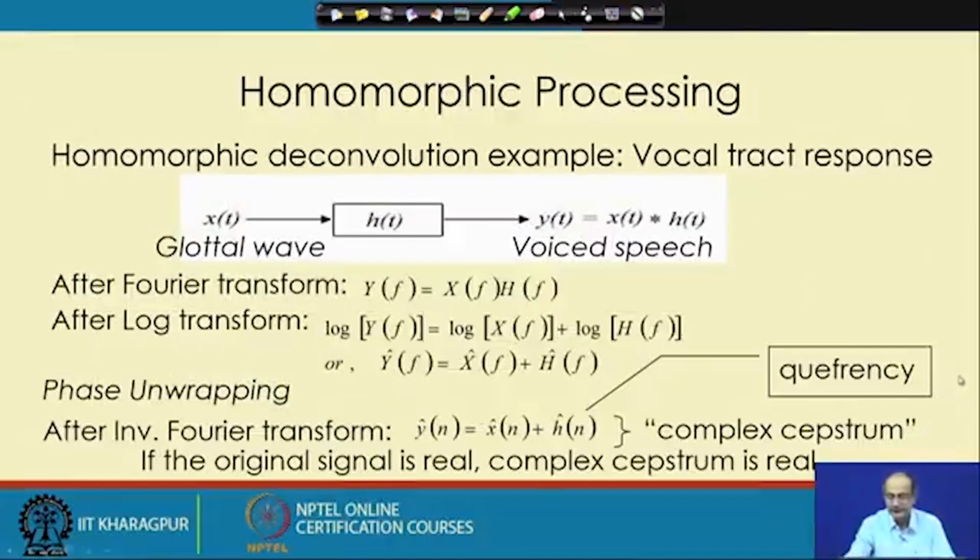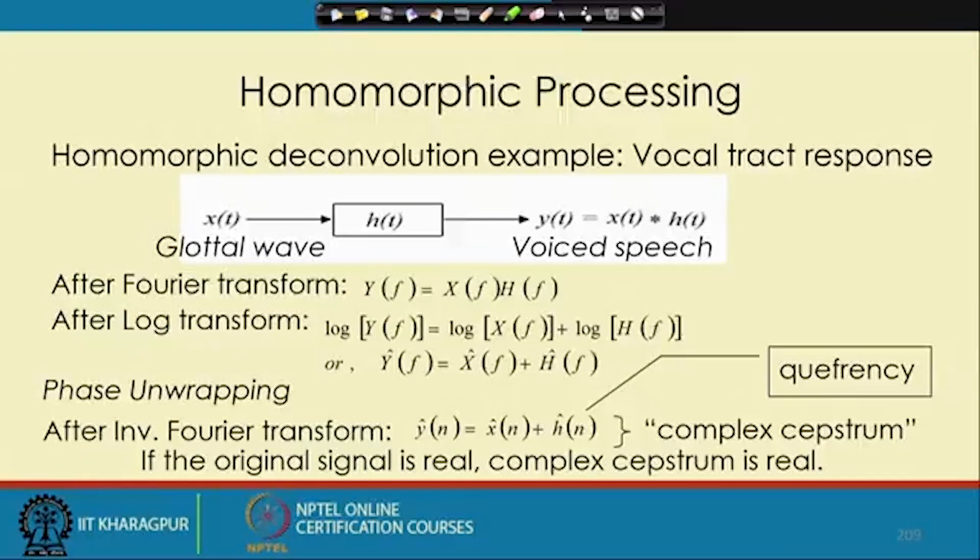Now, let us take an example where such kind of thing is important. Let us take that we have some speech signal. When we utter the vowels, that is called the voiced part of the speech, the signal comes from the glottis, that is called the glottal pulse.